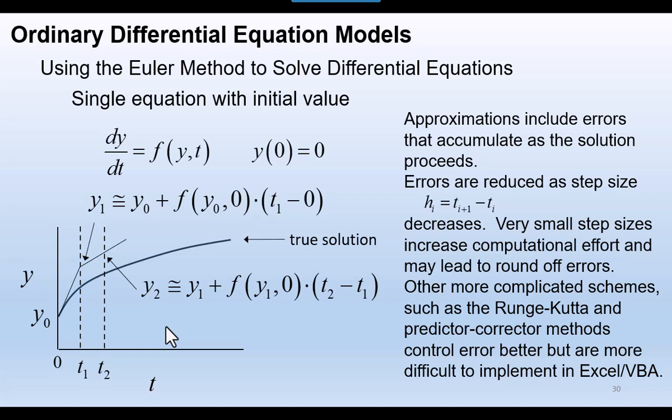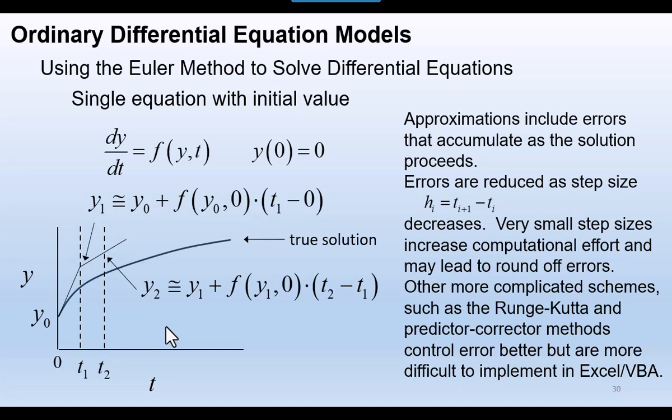And the matter is that we can essentially get away with the Euler method for perhaps most of the problems that we encounter in chemical engineering, certainly not all, but most.